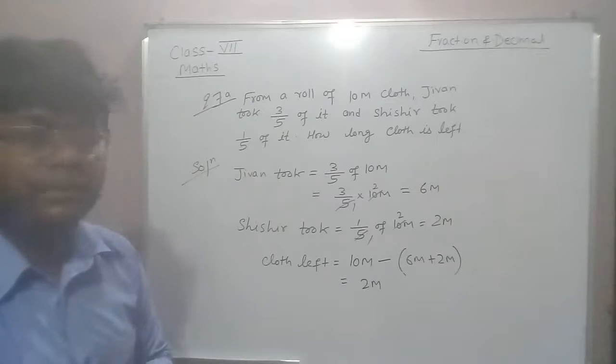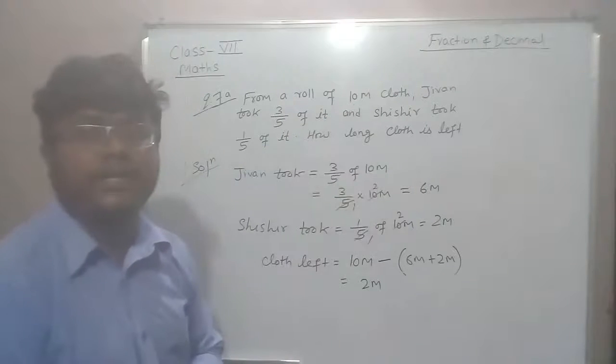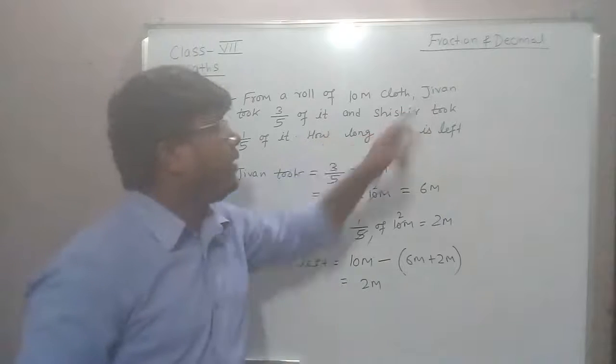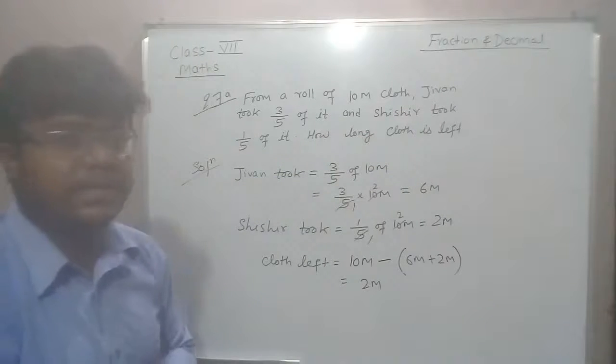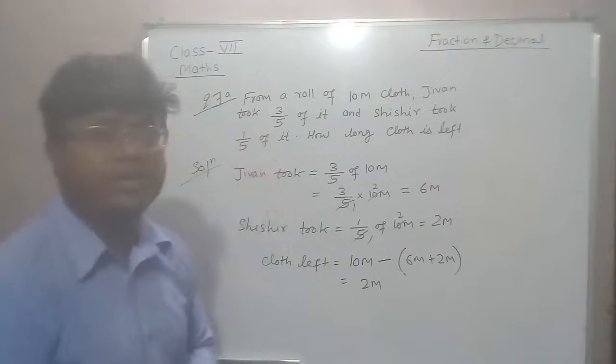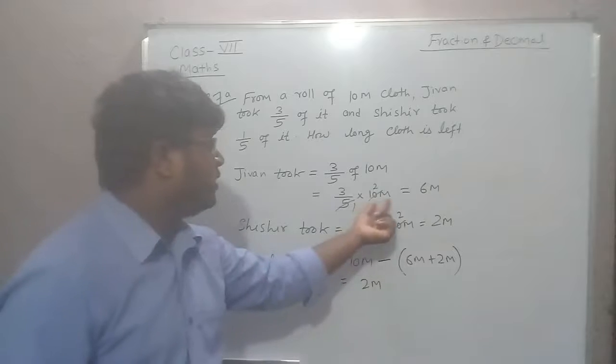So simply, you have to see the total length of cloth, that is 10 meter, and how many meters G1 has taken. G1 has taken 3/5 part, which is 6 meter.